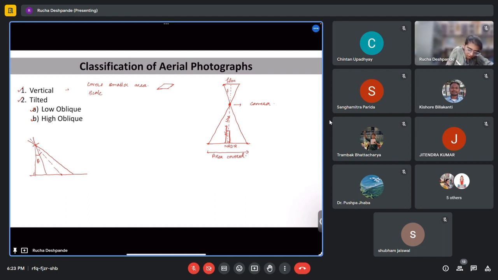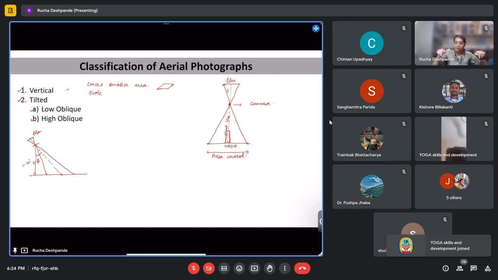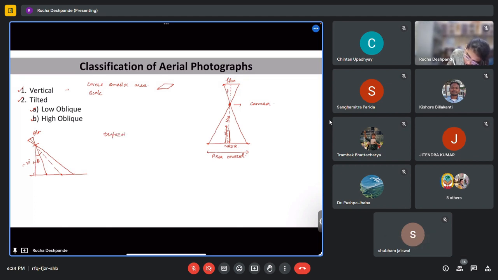For low oblique, the optic axis would be at an angle of around 30 degrees or within 30 degrees from the plumb line. The major difference from the vertical aerial photograph is that the area captured by this photograph would be trapezoidal, but the figure acquired would be square or rectangular.